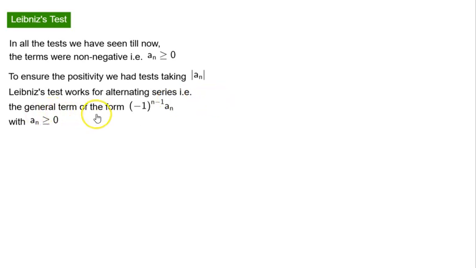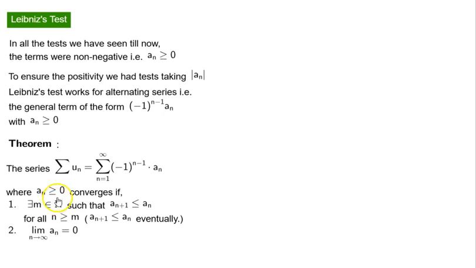That is, the general term is of the form minus 1 to the power of n minus 1 times a sub n, with a sub n greater than or equal to 0. So basically, the signs and the term are being separated.